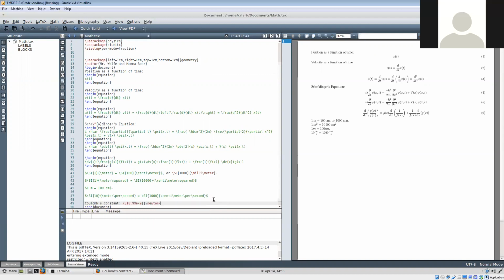Newton meter. What's that? You missed the curly bracket. Oh, I am. Good eye, good eye. Newton meter squared per Coulomb squared.